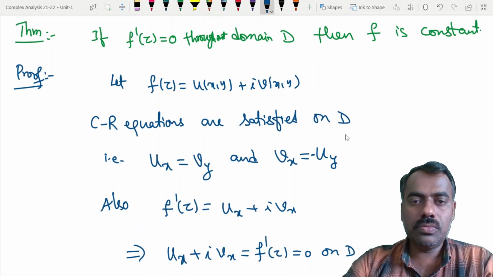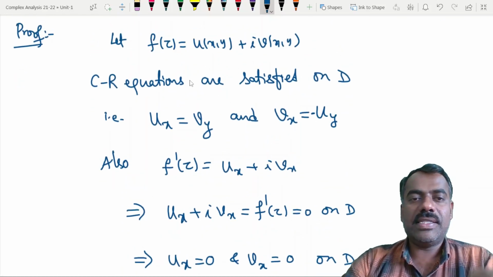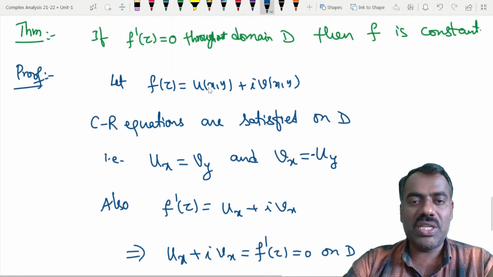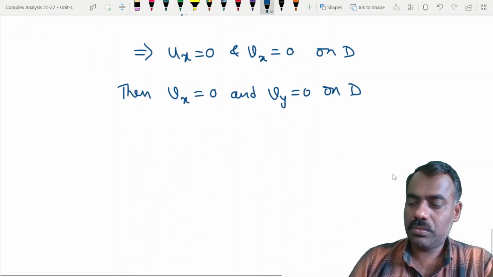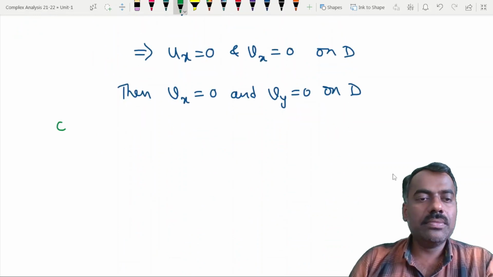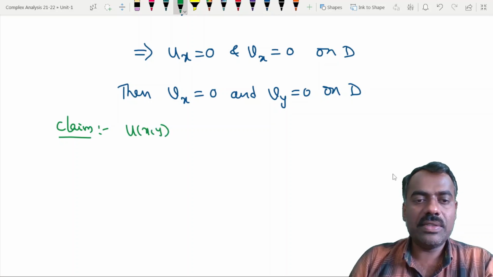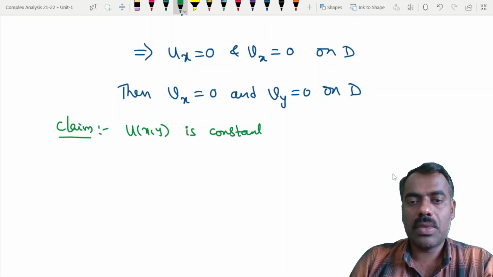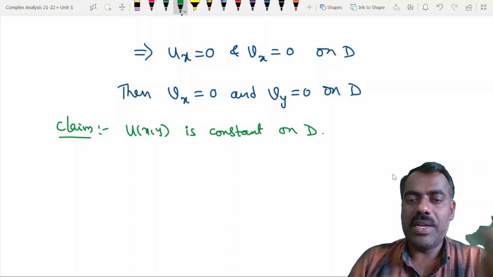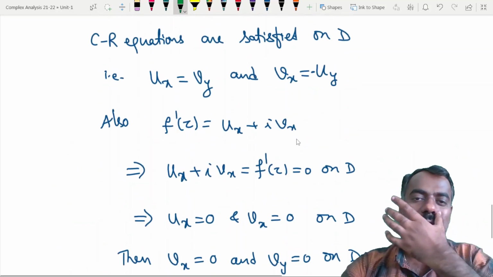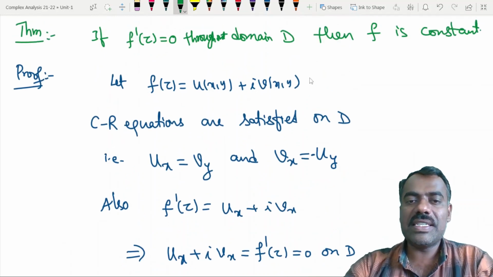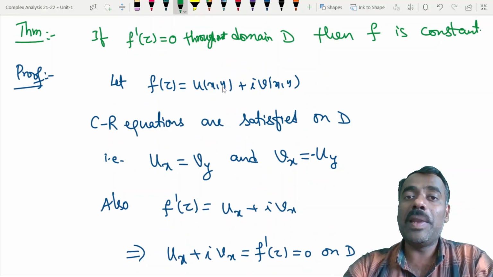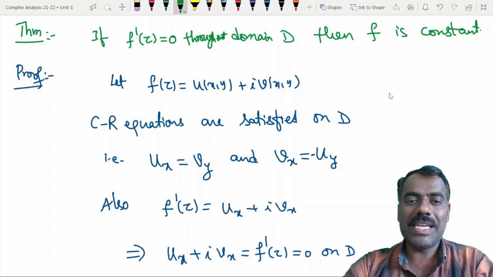Now we will show that f of z is constant by showing that u is constant and v is constant on this domain D. So we'll show that u(x,y) is constant on domain D, and similarly v is constant, so therefore f of z is some constant complex number. Is that clear? That is the idea.